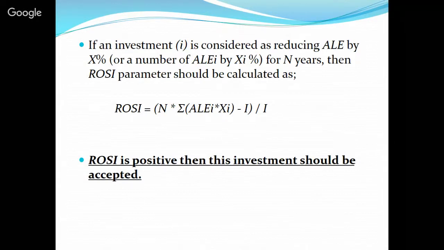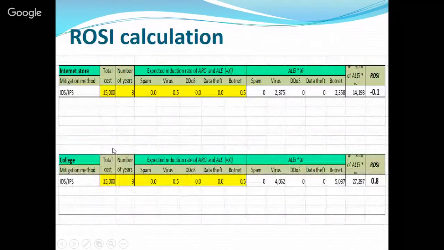If you get a positive ROSI, then the investment can be accepted, and if you get a negative ROSI, you have to look for another security measures investment. According to the given ROSI calculation, the college can go for the given security appliance, whereas the internet store has to find another suitable substitute as it got a negative ROSI value.